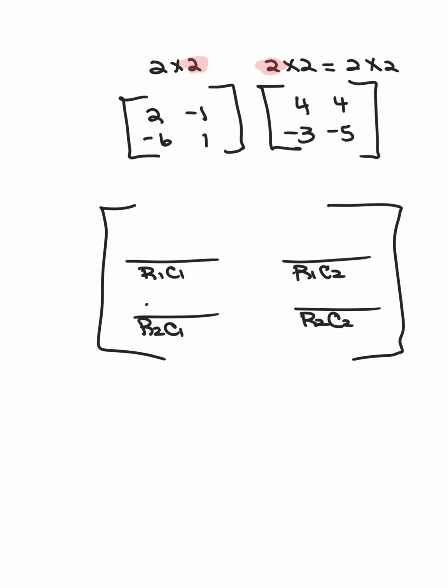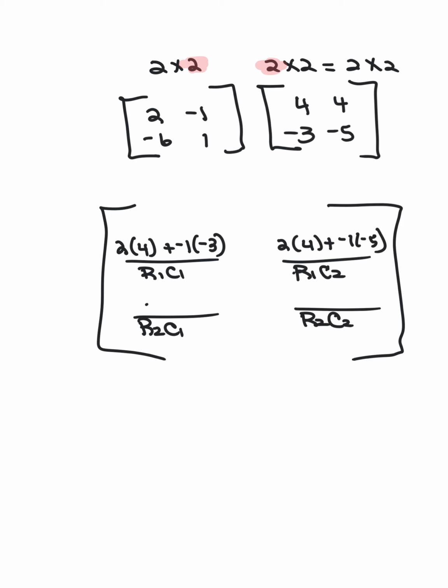And I'm going to multiply row 1, which contains 2, negative 1, times the column 4, negative 3. So this is going to be 2 times 4 plus negative 1 times negative 3. Row 1 times column 2 is going to be 2 times 4 plus negative 1 times negative 5.